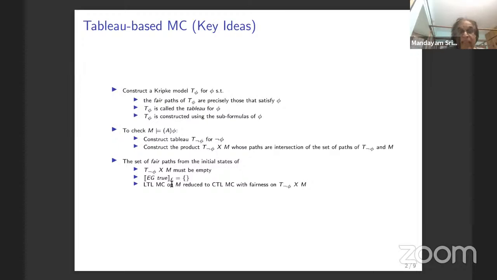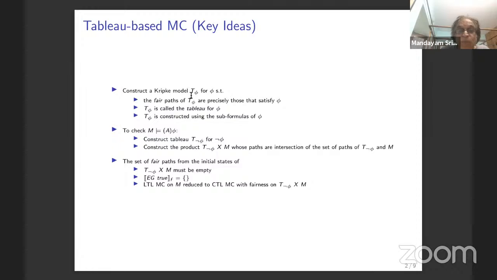So in that sense, this Tableau method reduces LTL model checking on M through these steps to CTL model checking with fairness on the product machine. Since you've already implemented CTL model checking with fairness, you can actually test this method out, okay?